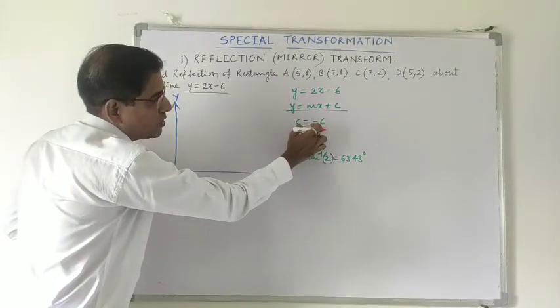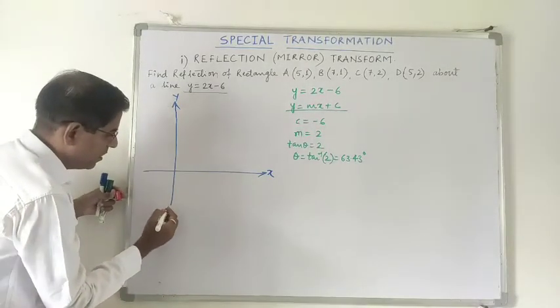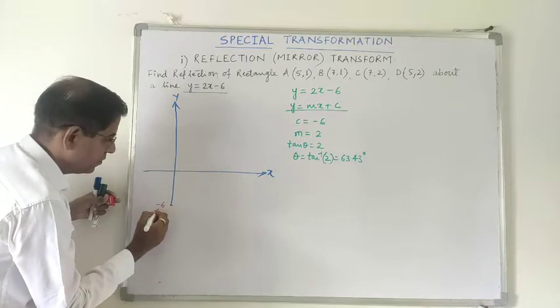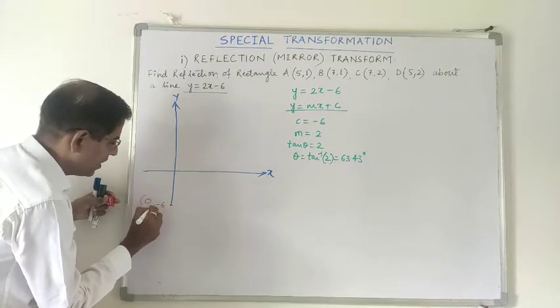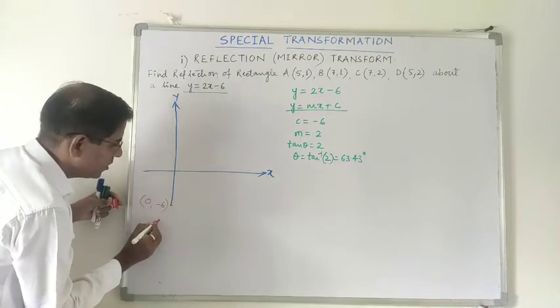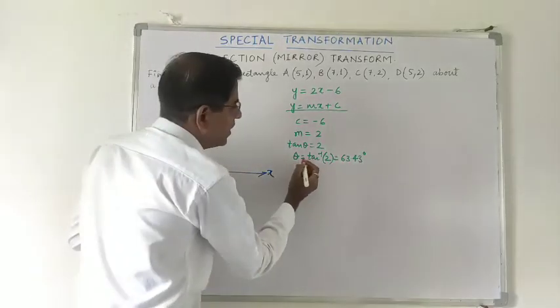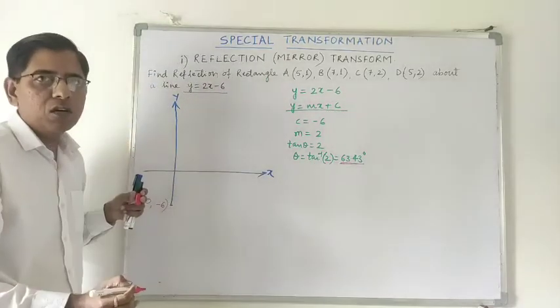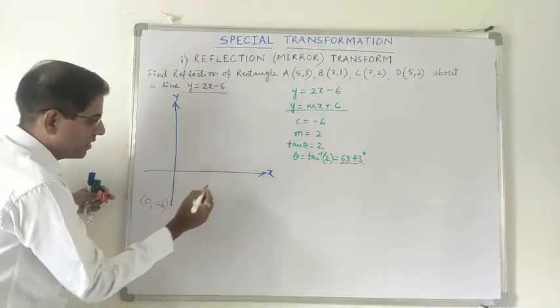The y-intercept is minus 6, that is (0, minus 6). It is passing through minus 6 and it is inclined at 63.43 degrees with the horizontal axis, the x-axis.